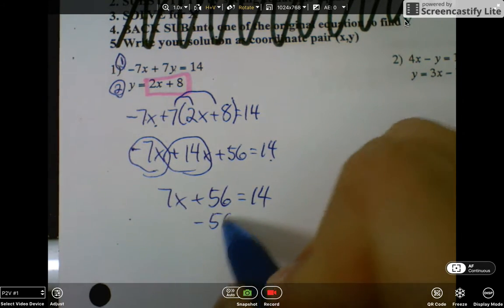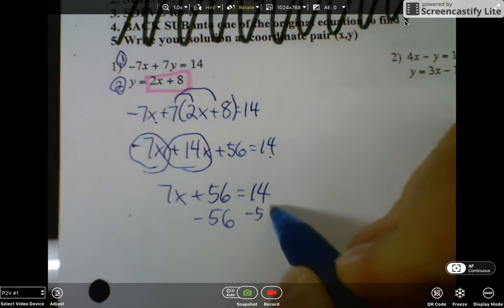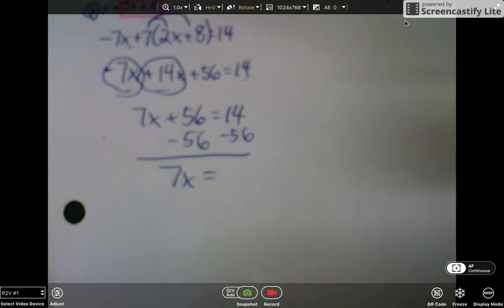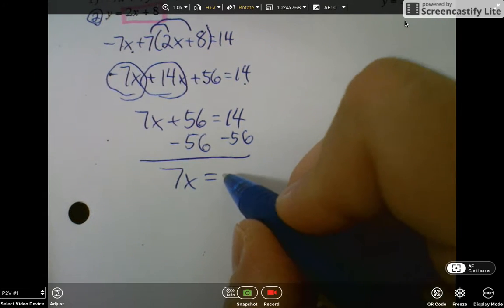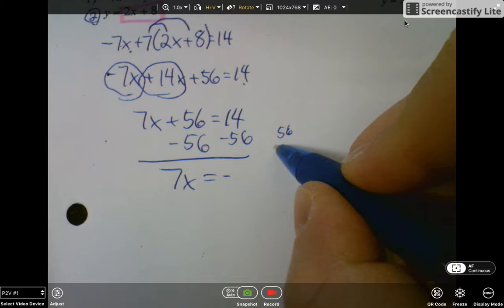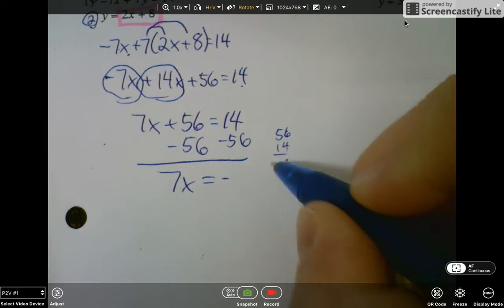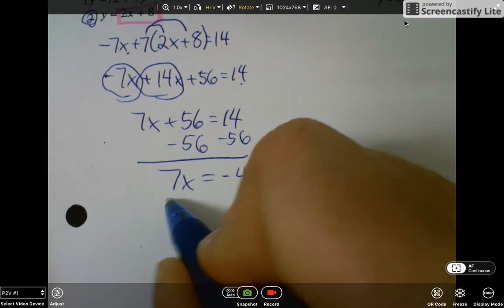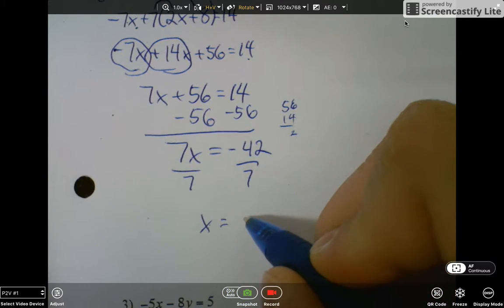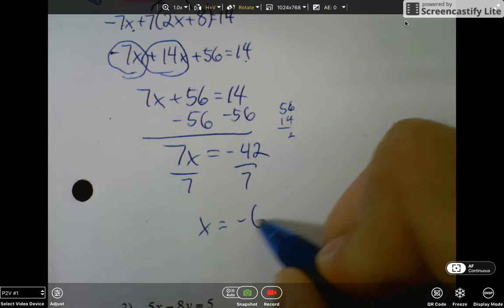I subtract 56 from both sides, and I'm left with 7x equals negative 42. Divide each side by 7. I'm left with x equals negative 6.